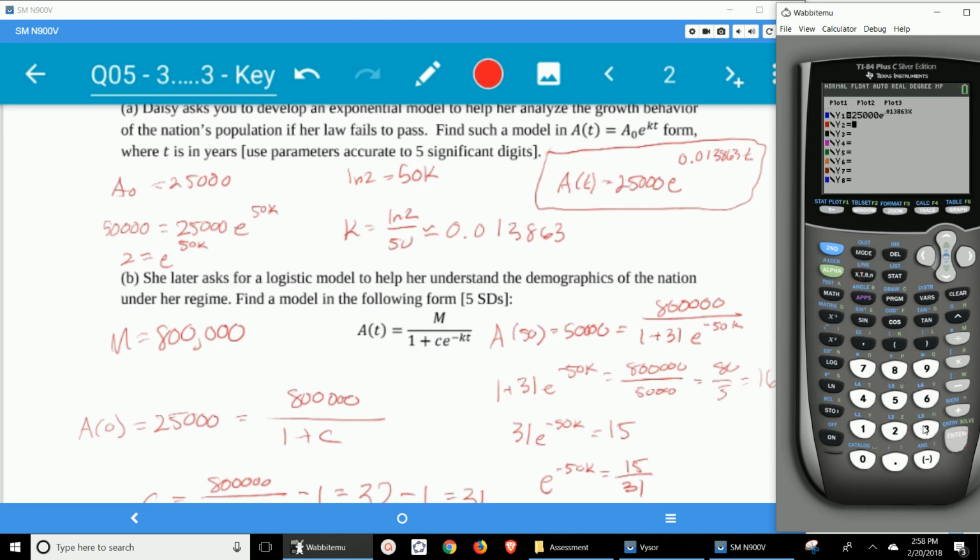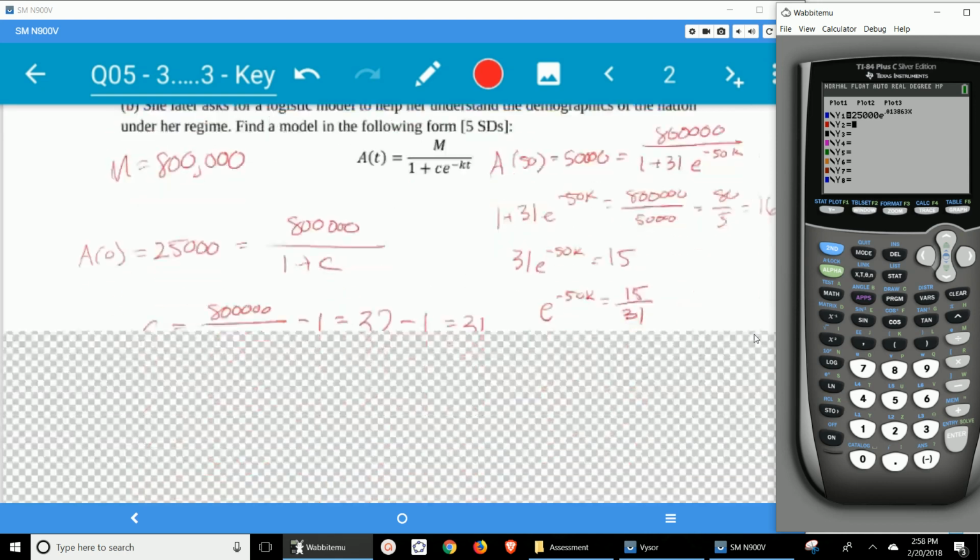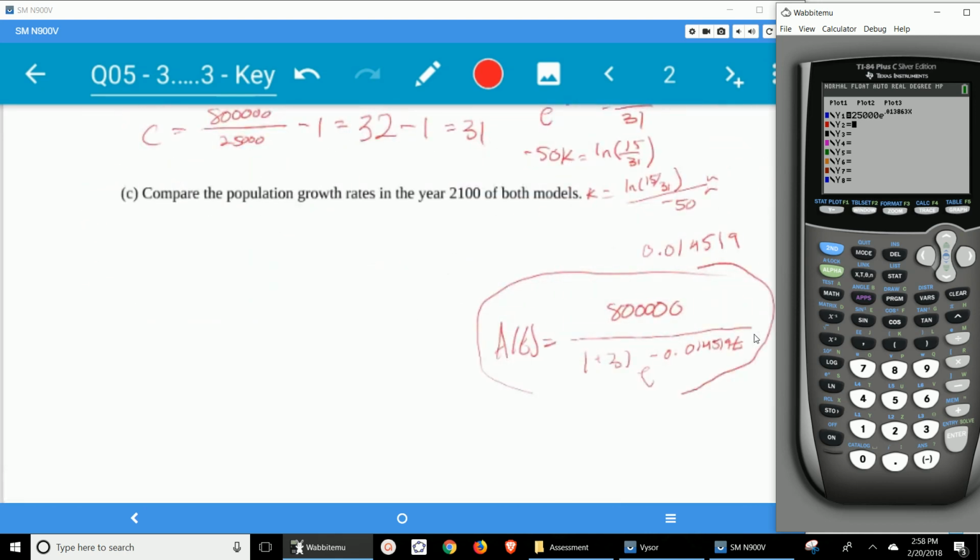Okay, that model is that, and then the other one is 800,000 divided by 1 plus 31e to the negative 0.014519, and then x again.